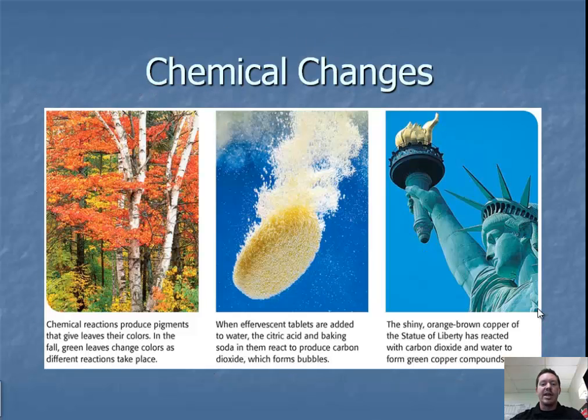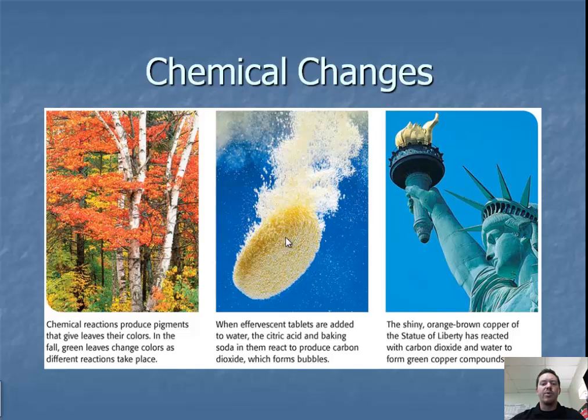Here are some other examples of chemical changes. On the left side of the screen, we've got the chemical reaction that produces the pigments that give leaves their different colors. In the fall, when we see green leaves start to change to orange, yellow, and red, these are chemical changes taking place. In the middle, we've got an effervescent tablet.